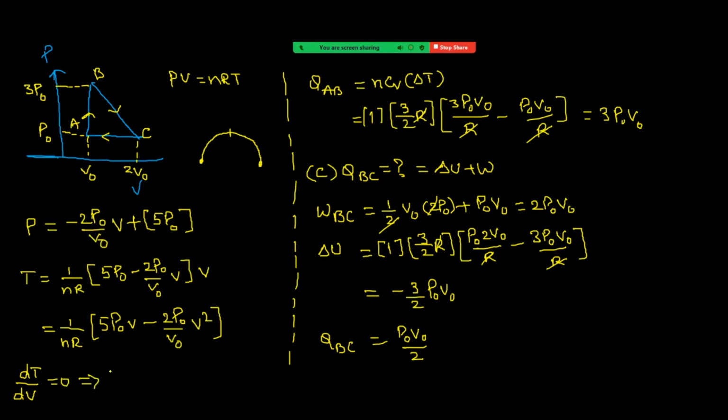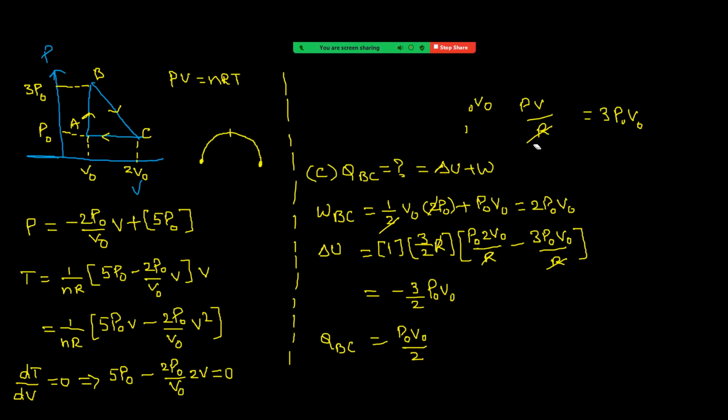Then see what we get. 5 P naught minus 2 P naught by V naught, derivative of V square is 2V, equal to 0. Then see the remaining calculation.